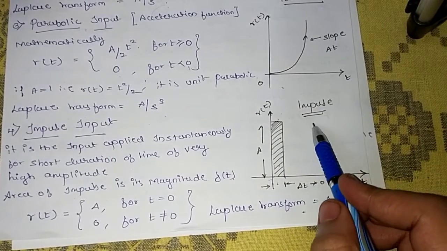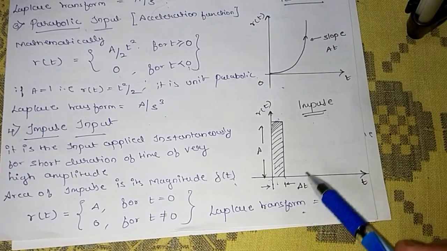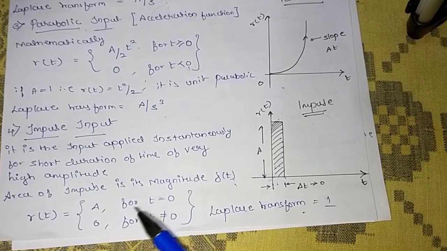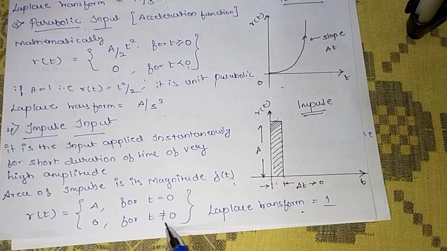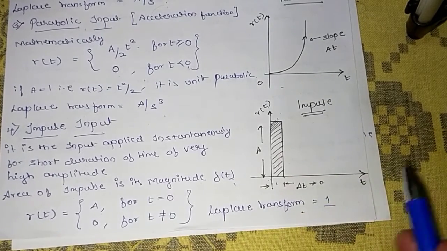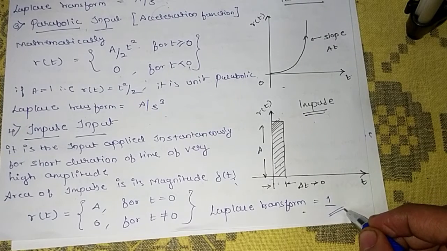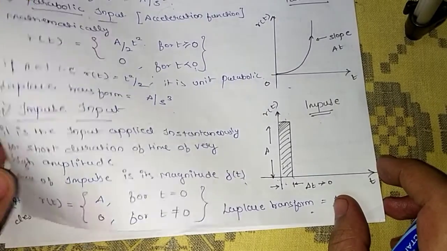We call this an impulse. The area of the impulse is its magnitude. We represent the impulse as delta t. Mathematically, r of t equals a at t equals 0, and 0 for t not equal to 0. Therefore the Laplace transform is 1.